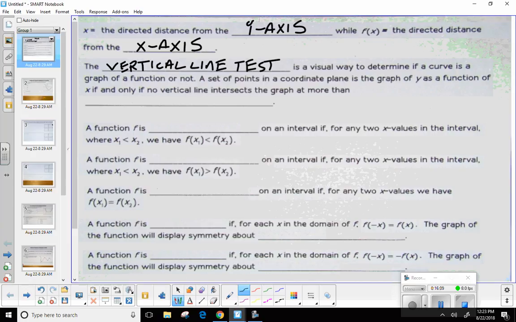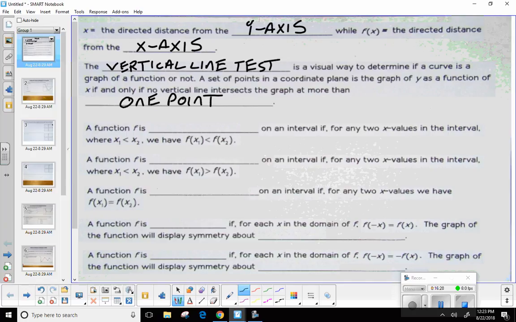Now this one is saying it is a function, so if the sentence was saying it's not a function, then it would be 2 or more points. So this is 1 point.